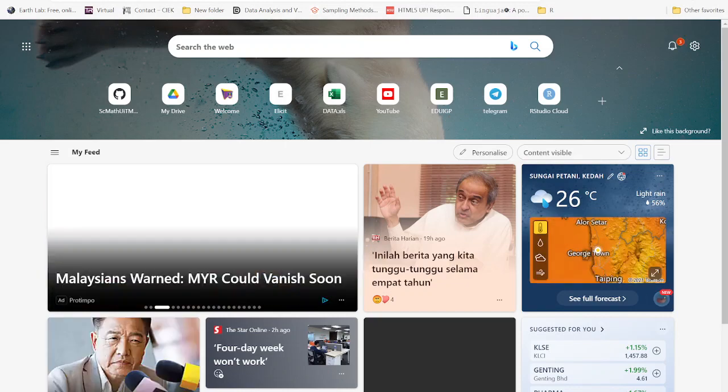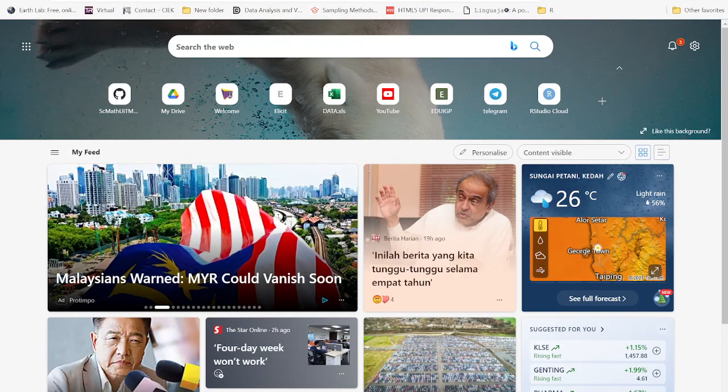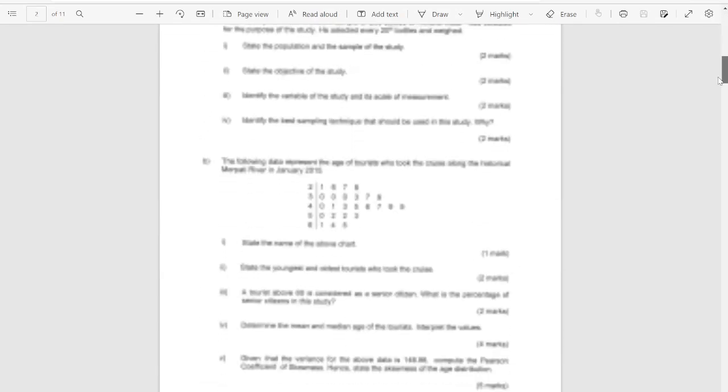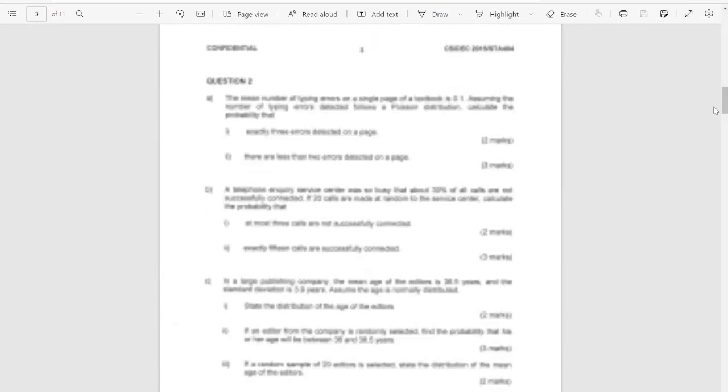So let's see question 2015. So let's say we took 2015. Ada tak soalan berkenaan dengan regression? So let's see if they have questions related to regression. Mana soalan regression?